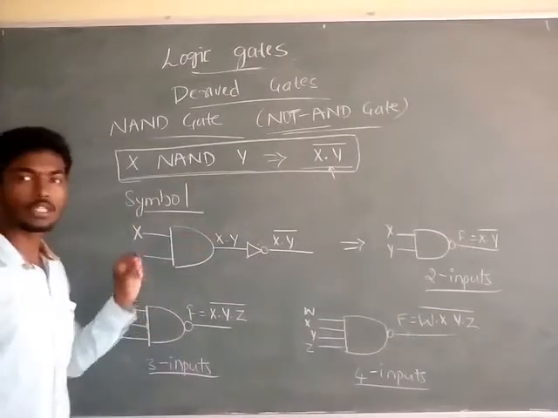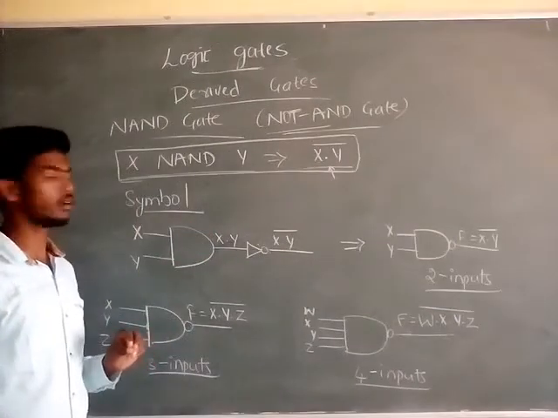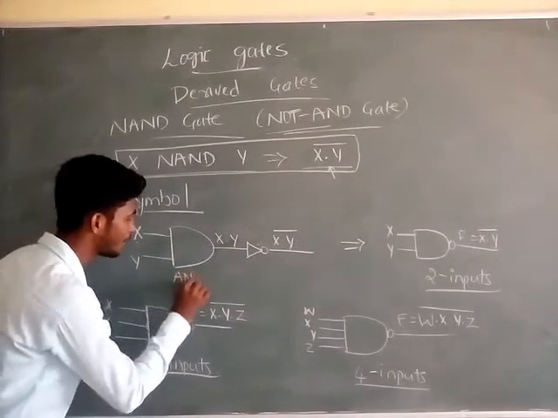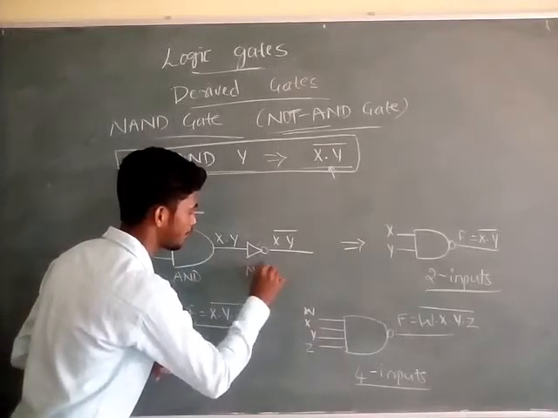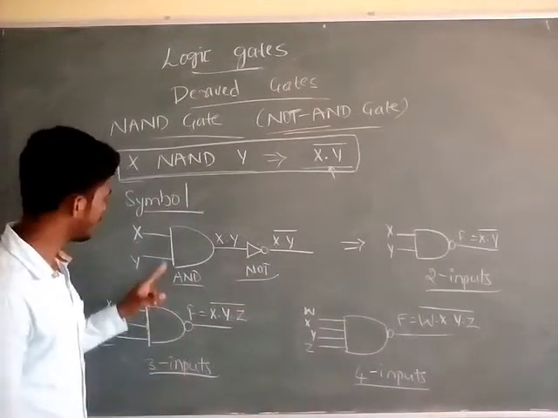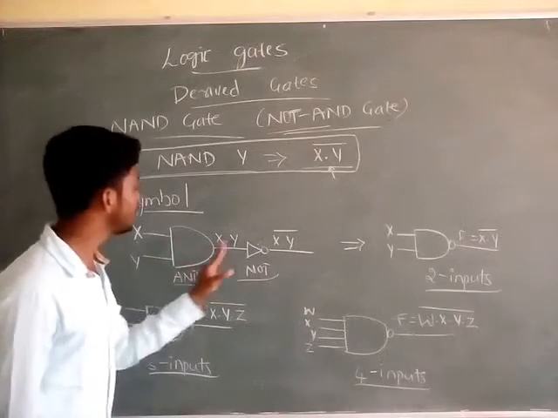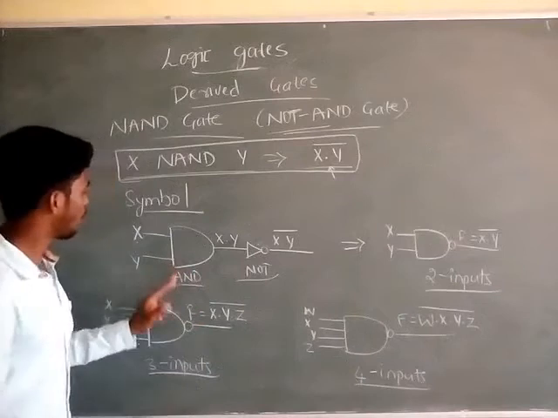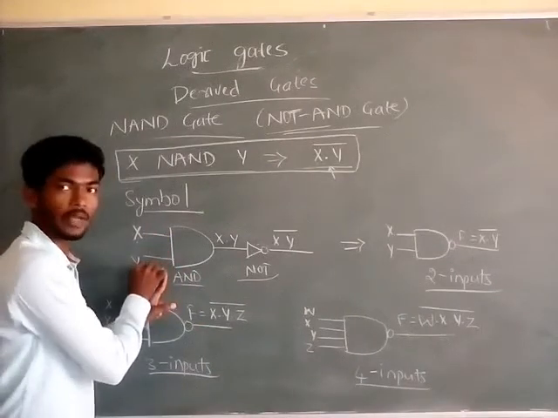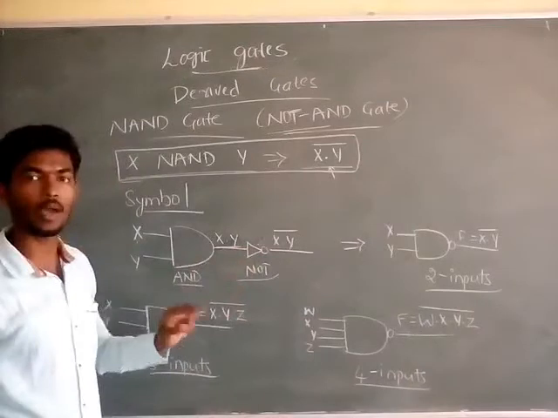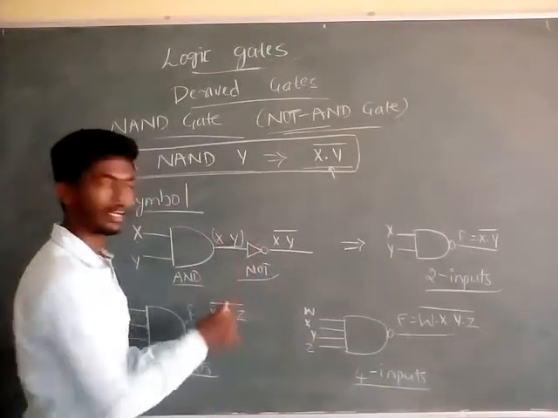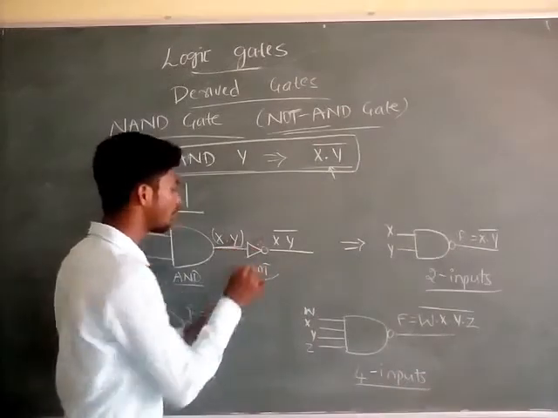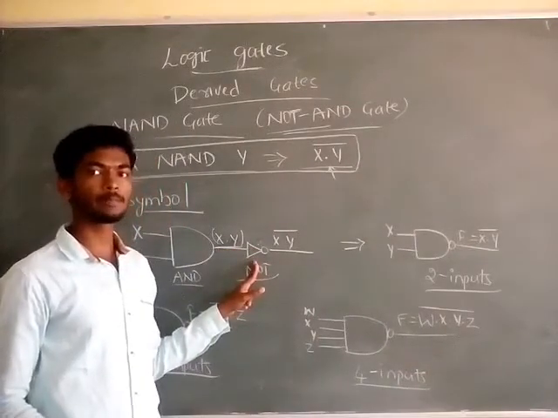Standard symbol for the NAND gate having the two input values X and Y. Here this is the AND gate, this is the NOT gate. Combining, it forms the NAND gate. An AND gate preceded with the NOT gate will give you the NAND gate. The AND gate with the two inputs X and Y will provide you X into Y; treat it as a single variable and make it the input for the NOT gate.